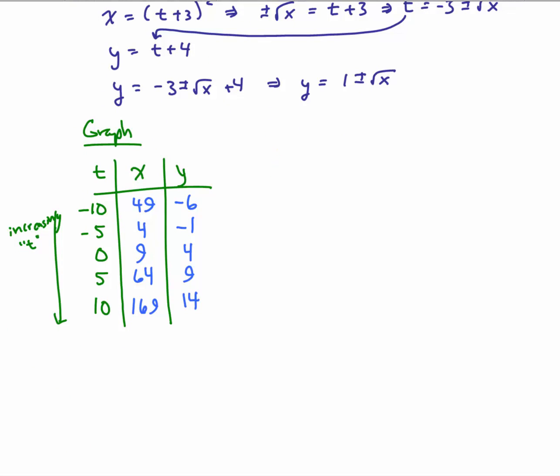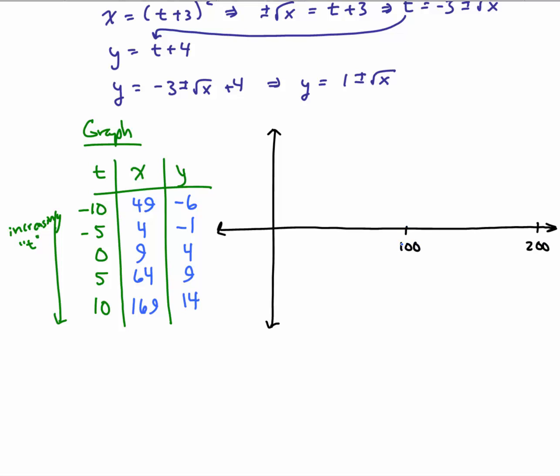So when we draw our coordinate system here, it looks like my y values don't go too huge. Okay, so this 169, let's come out here to 200, we'll say.